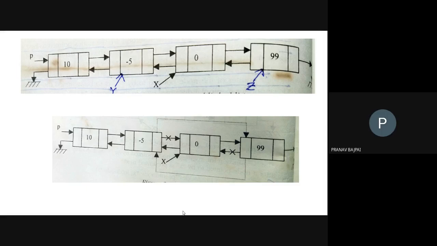Any other pointers need to be updated, or will only these two be sufficient? Is there anything else we need to do apart from updating these two link parts? We need to clear the memory of x. How is this done?